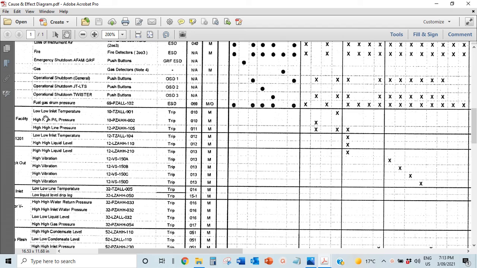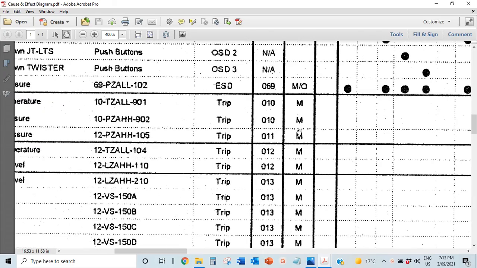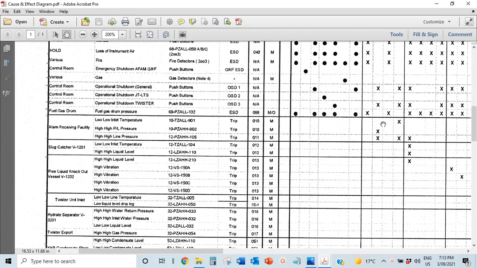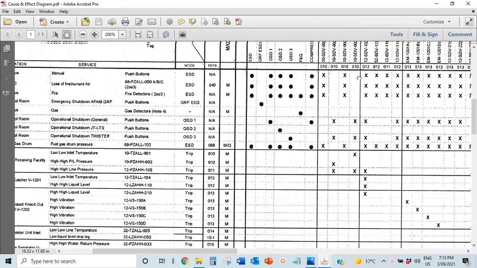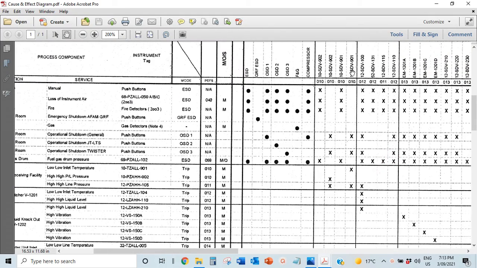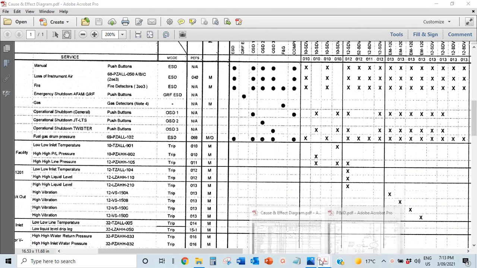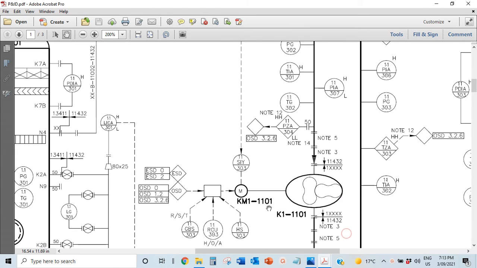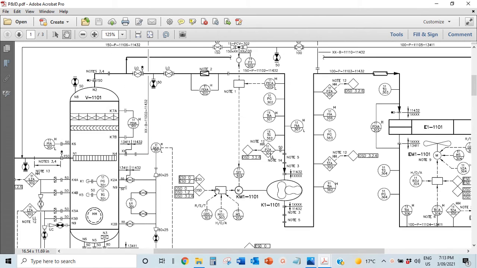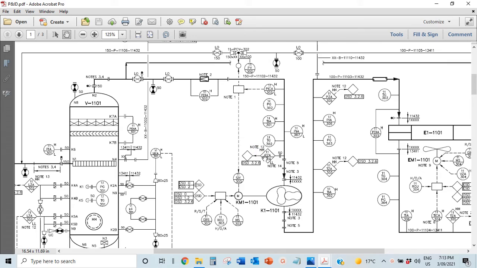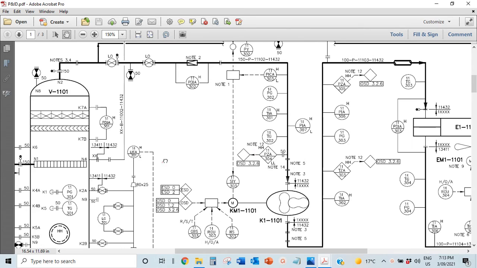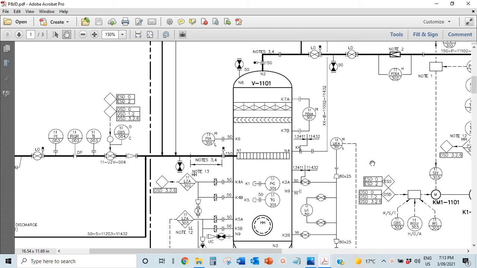So you would put in a low inlet temperature trip, which is why it's TZALL, so that when the temperature is so low, this shutdown valve closes. Some of them would have the page numbers and all that, and with that you can find exactly what this trip controls. You can actually find it with that chart.